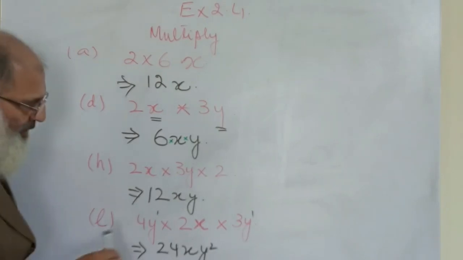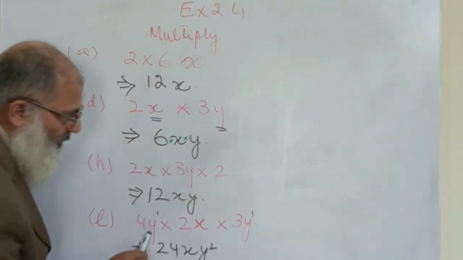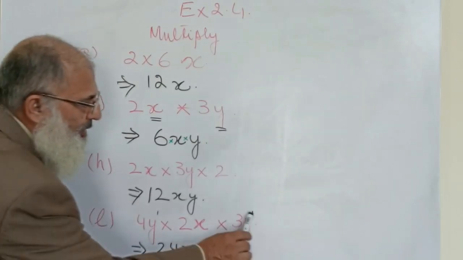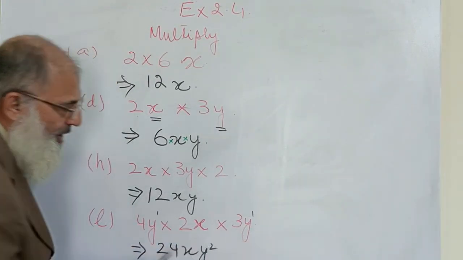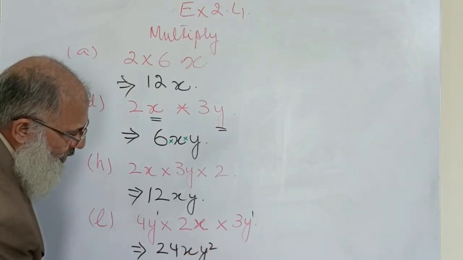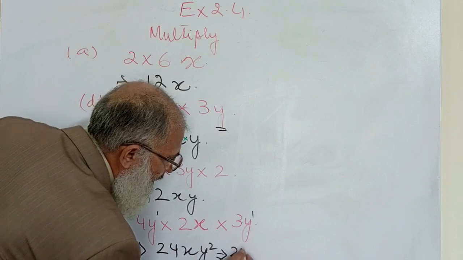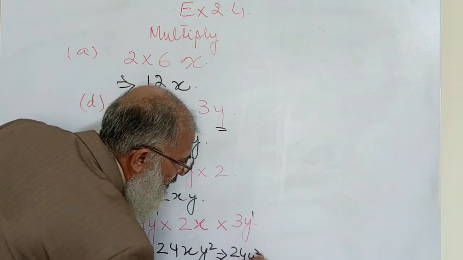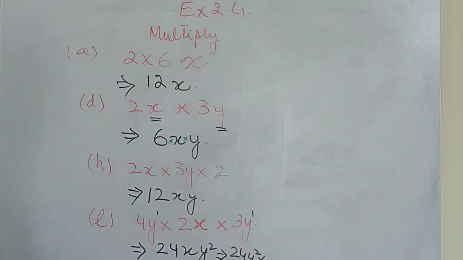You see that y is being multiplied by this y. Now the bases are the same, so the indices have to be added together. It can also be written as 24y square x. Both answers are correct.